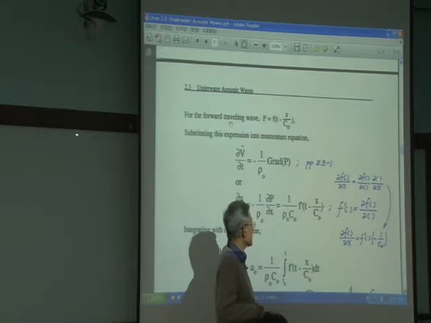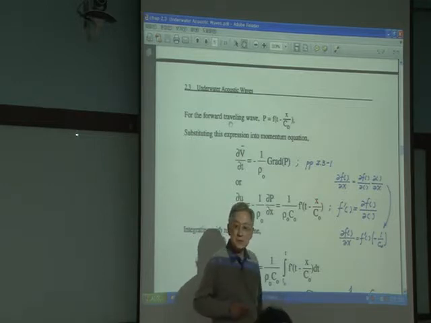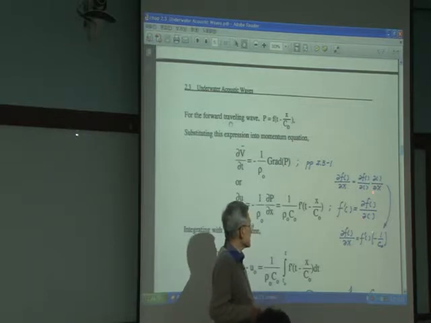If you do that, what do you have? If you differentiate this function with respect to X, then it's minus 1 over C naught, right? This portion I call F prime. Don't confuse it.